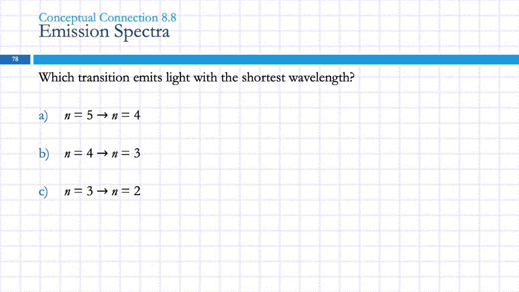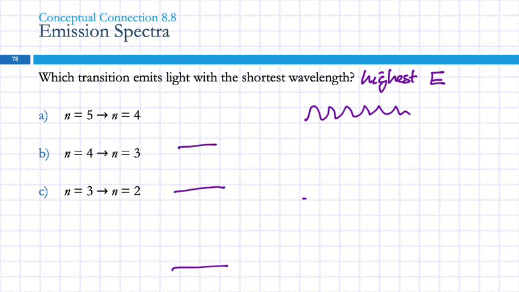The highest, because the short wavelength was higher energy. So we're looking for the highest energy. So we've got from 5 to 4, from 4 to 3, from 3 to 2. The levels go like this. They get closer and closer together.